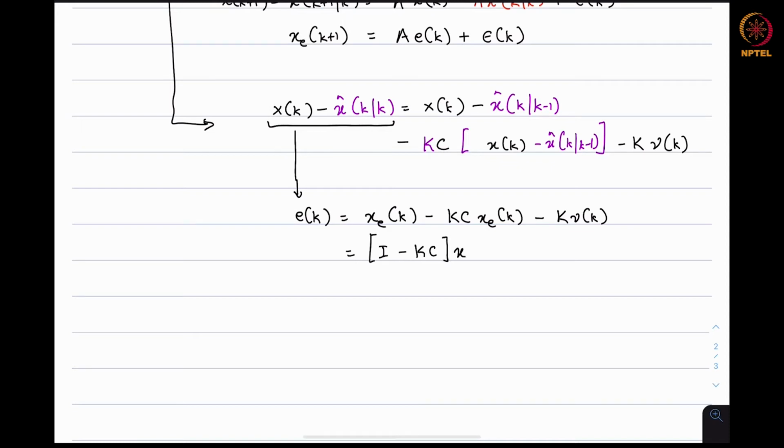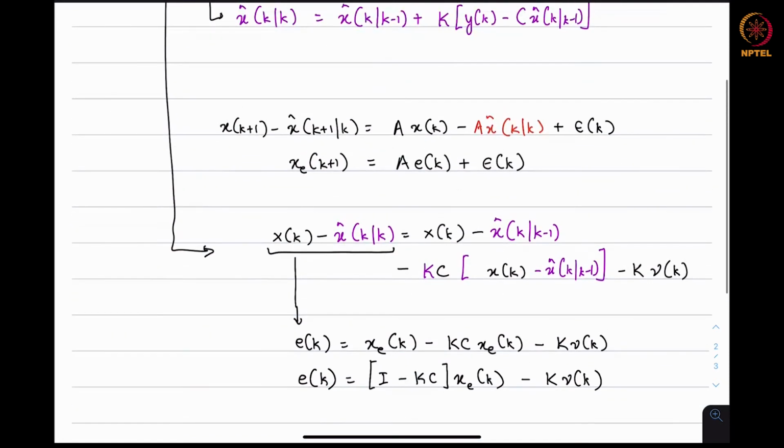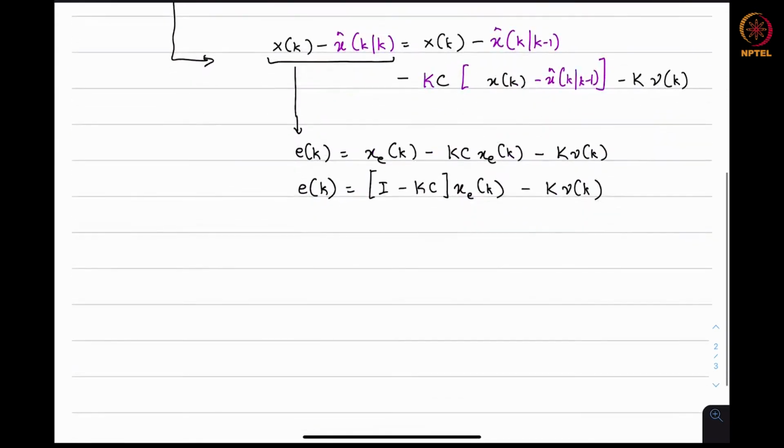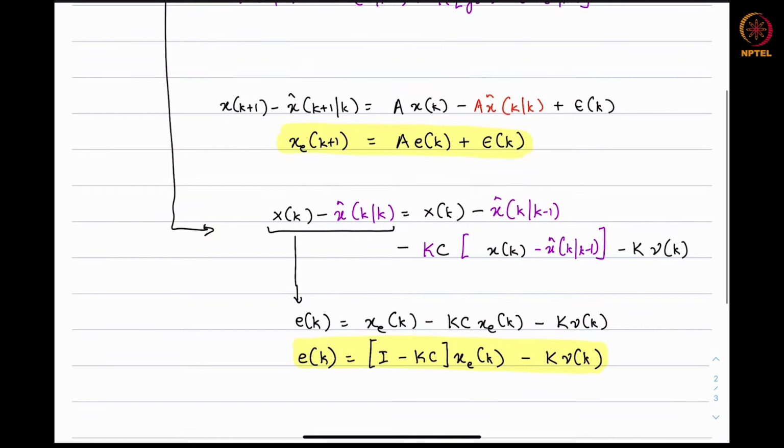We have to post multiply it by xe k, we cannot pre-multiply it, minus K multiplied by nu k. So this is e k. Okay, so these are the two equations that are important for us. So I'll highlight this. This is one and this is the other.